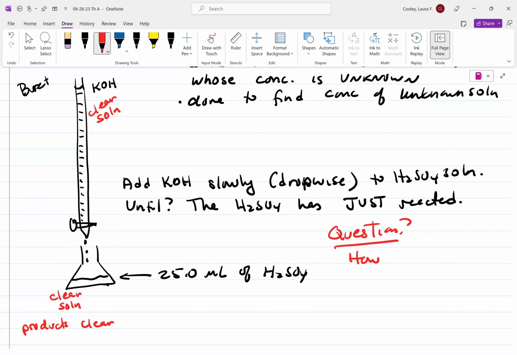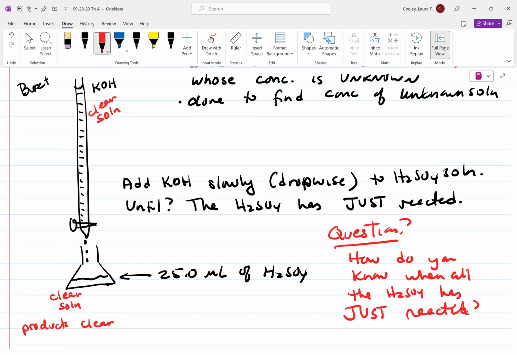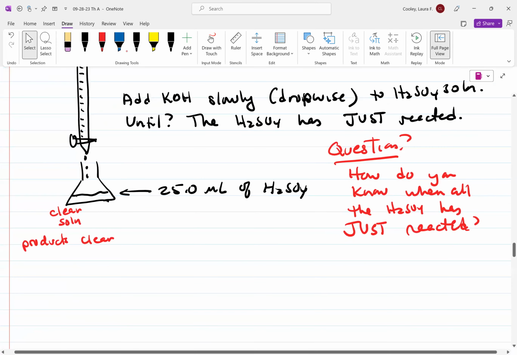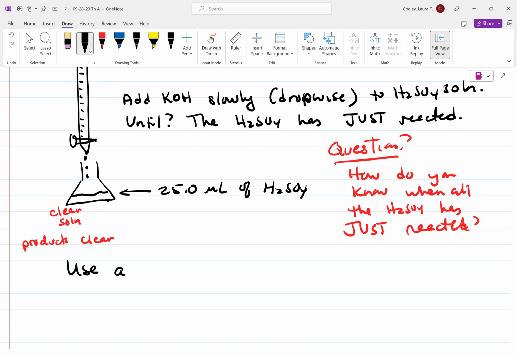How do you know when to stop? How do you know when all the H2SO4 has just reacted? Does anybody know the answer to that question? Yes. Sorry? It changes color, right? But I just told you that it doesn't change color, but you know it changes color if you've ever done this before. Why does it change color? Yes, you add something called an indicator. We use an indicator.